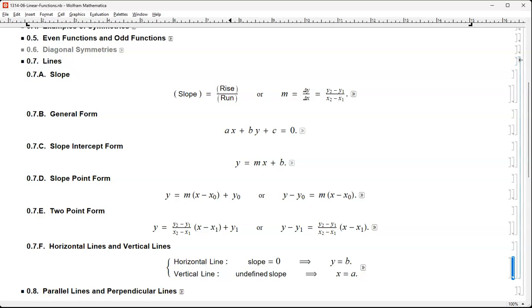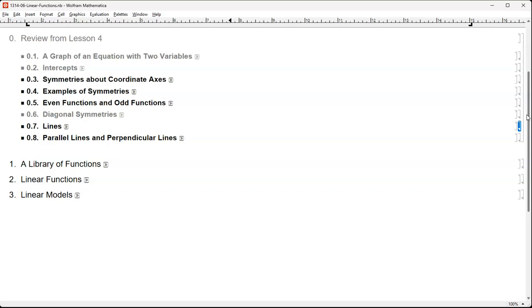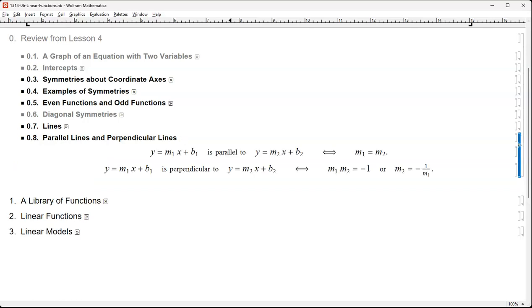Okay, lines reviewed from the viewpoint of functions. And finally, parallel lines and perpendicular lines: same slope then parallel, and negative reciprocal then perpendicular. Same slopes bear some importance in functions, basically.